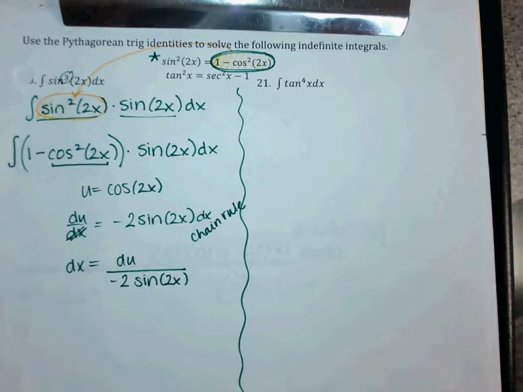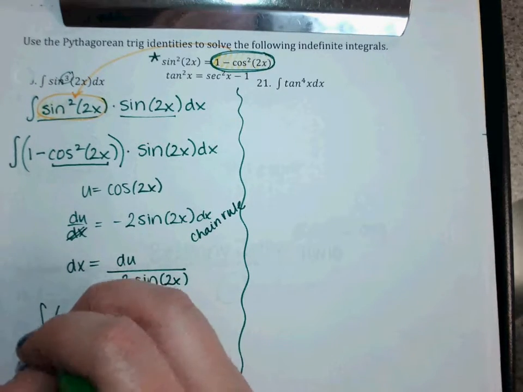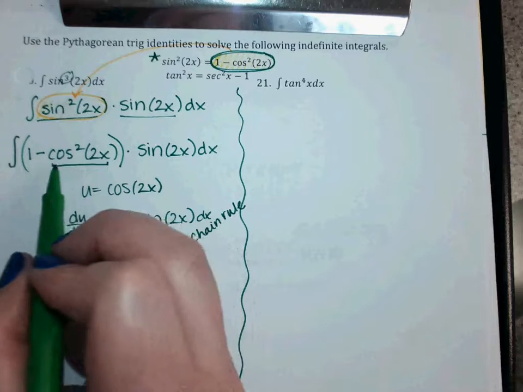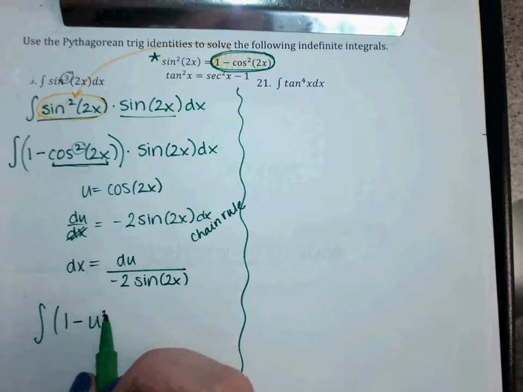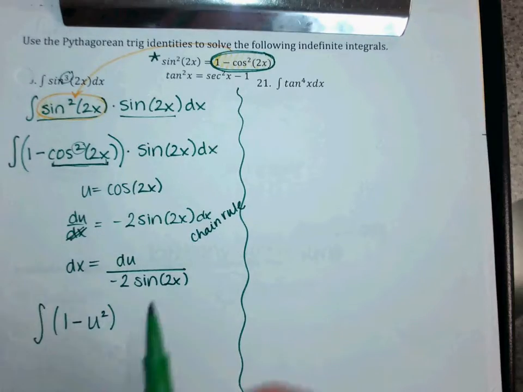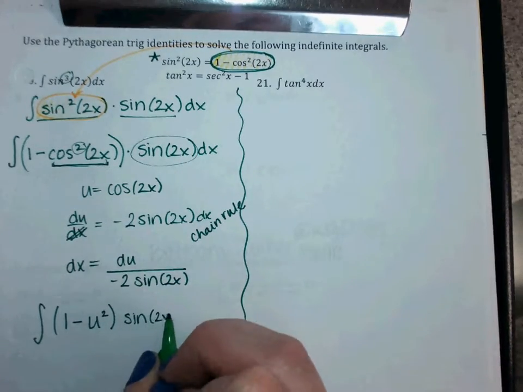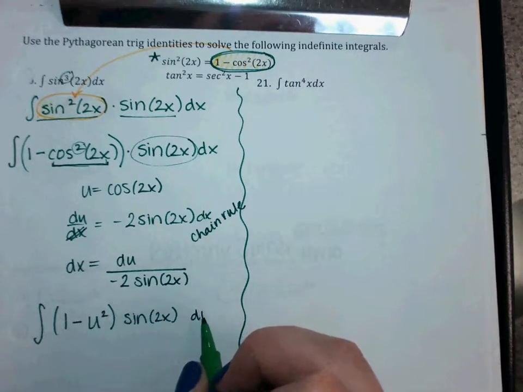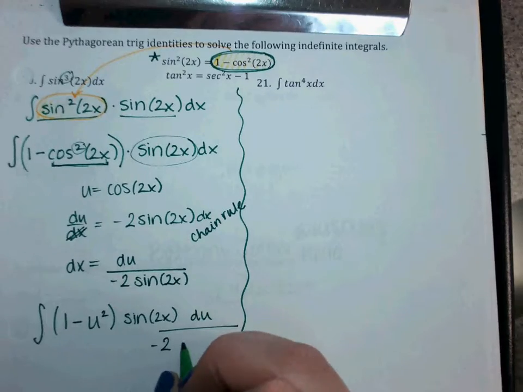Okay? Then from there, we're going to rewrite our integral. So it'll be 1 minus, then remember that this here is my u, but it's squared. So 1 minus u squared. And then I'm going to have my sine 2x. And then my dx is now a du over negative 2 sine 2x.